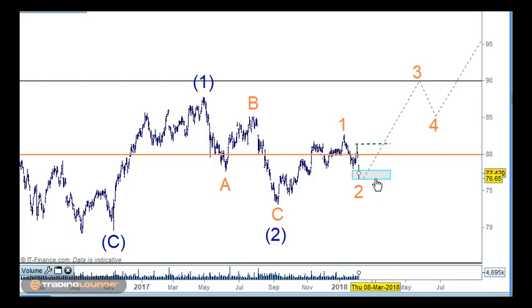So it could fail from here and move on further down, but we will look at that when the time comes, and we'll look at it in something like 75, 76.50 would be 76.